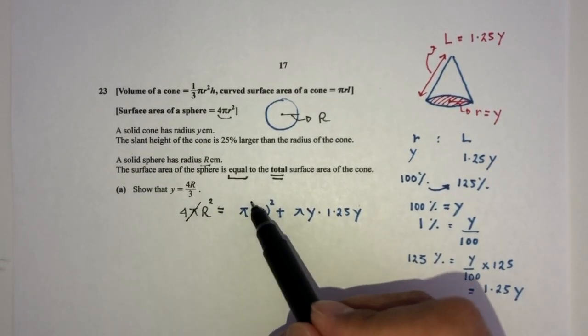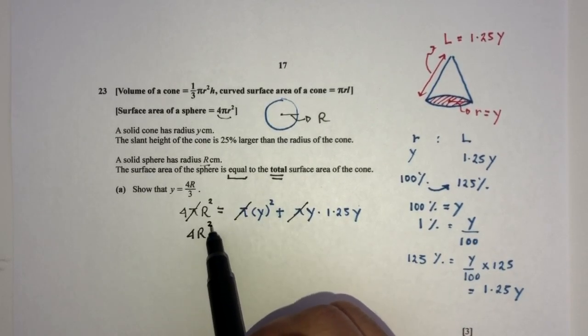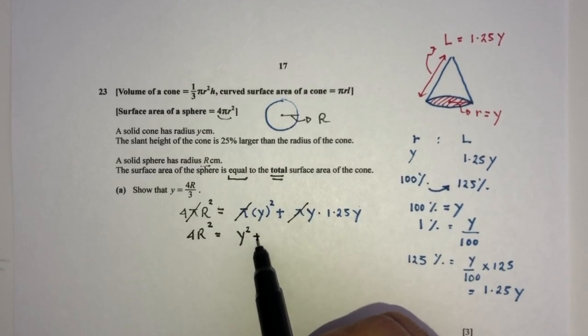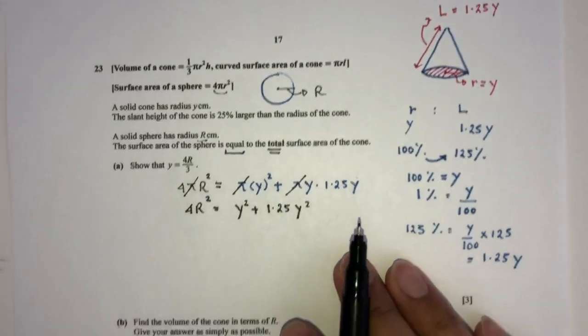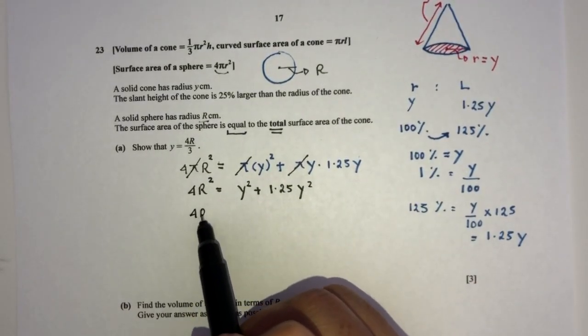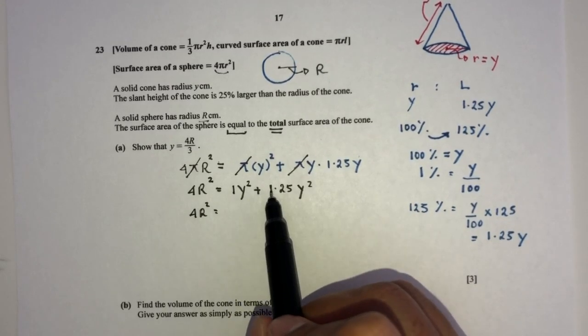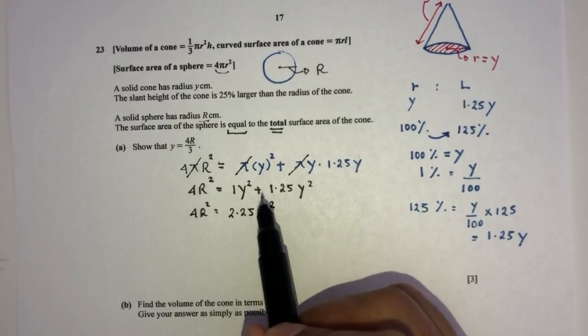They will cancel out, right? Okay, we have 4r squared is equal to y squared plus 1.25y squared. So 4r squared is equal to, this is obviously 1, so 1 plus 1.25 is 2.25y squared.